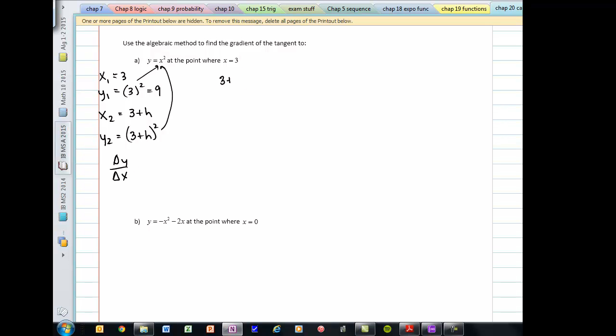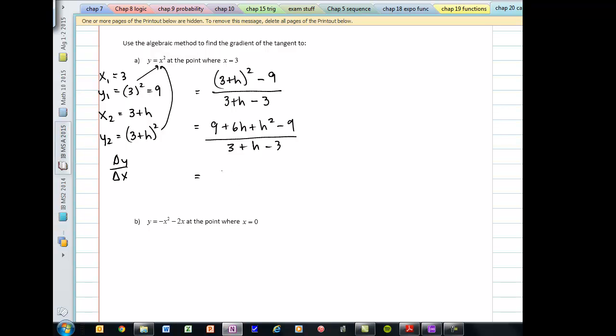So we've got 3 plus h squared minus 9 over 3 plus h minus 3. So expand, 9 plus 6h plus h squared minus 9 over 3 plus h minus 3.